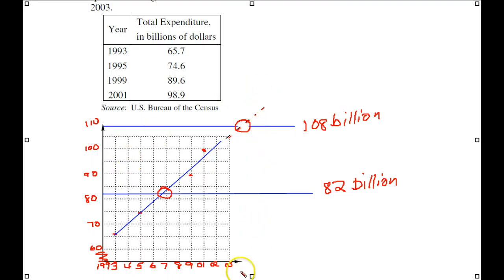And then they're saying, well, how about in maybe 2005 or 2006? Now, we don't have that data. Keeping in mind, when you are reading from known data, that's called interpolation. When we extend the data, and if it keeps the same pace, then that's extrapolation. And the book is giving us this as an answer.